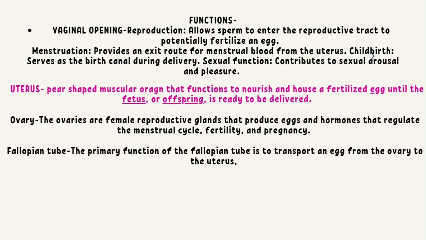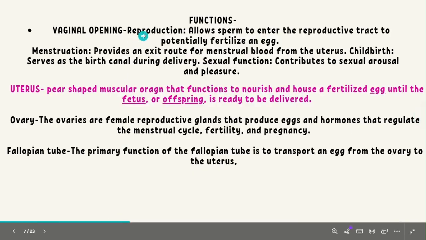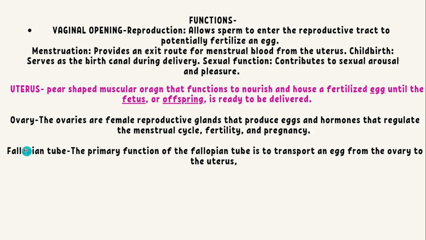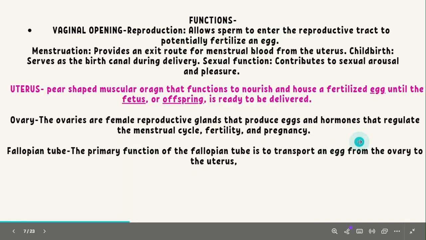It also functions in childbirth, serving as a birth canal during delivery, and also for sexual function. Basically, everything has to pass through the opening right there. If you give birth, it has to pass right here. Menstruation has to pass right here. So this is very, very important.